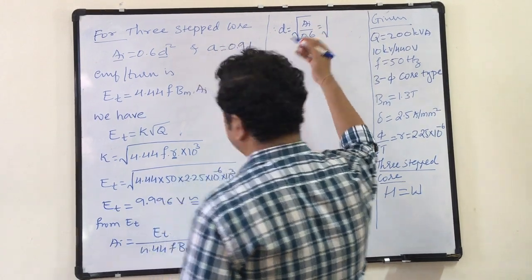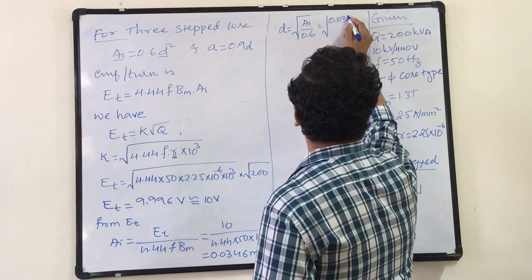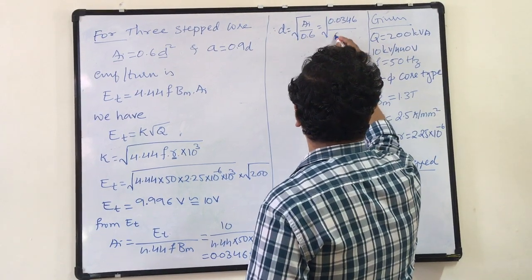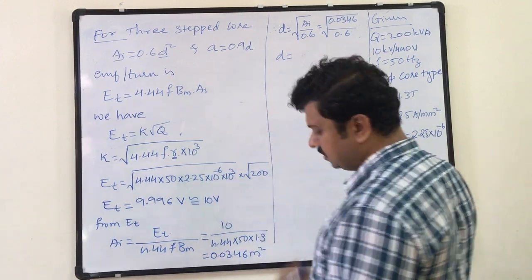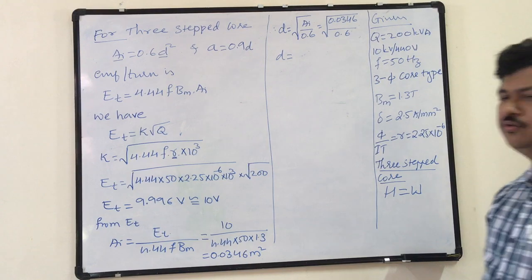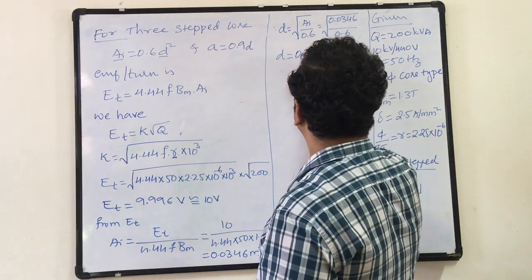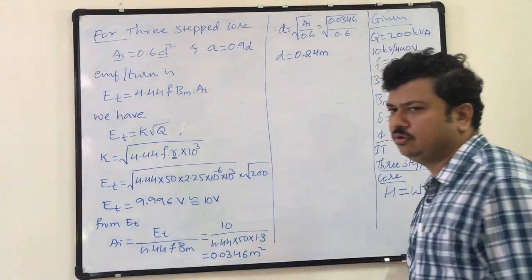It is under root 0.0346 divided by 0.6. So D is equal to 0.24 meters.